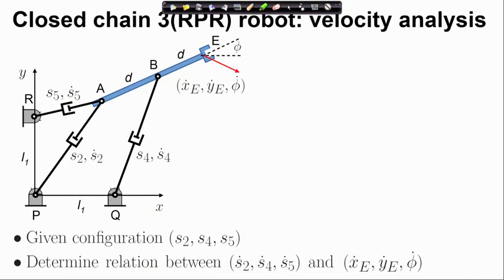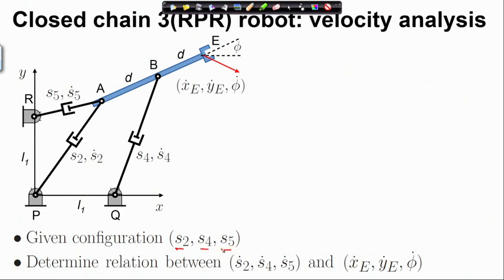So, let us move forward and discuss the 3 RPR planar closed chain robot manipulator. Here we need to recall that we had already discussed the displacement analysis, the configurations S2, S4, S5.